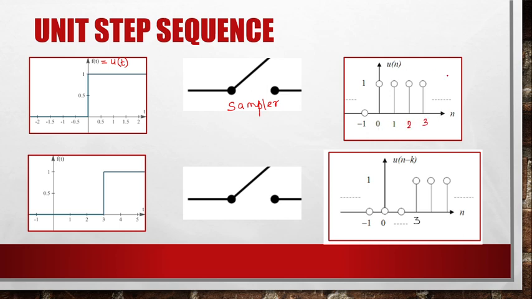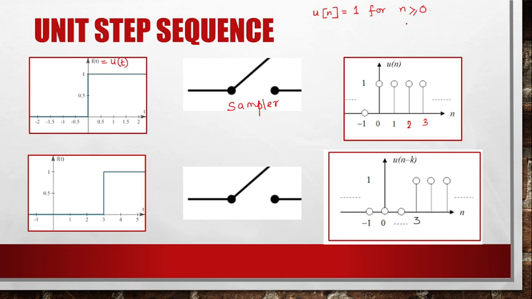So this is the signal, this is the unit sequence, the unit step sequence. How can I write the expression of the unit step sequence? Obviously I can write u(n) equal to 1 for n greater than or equal to 0.